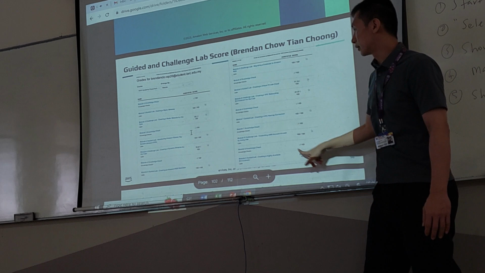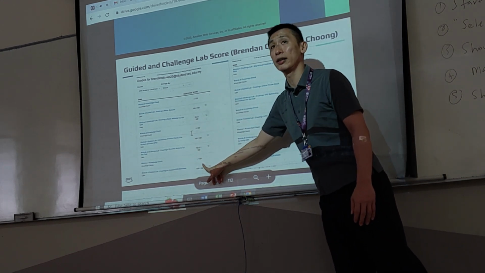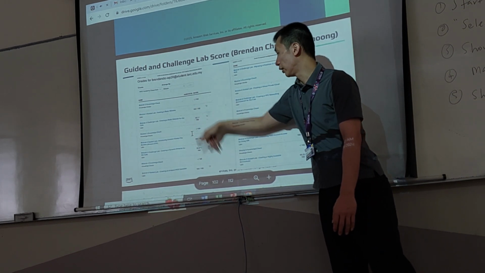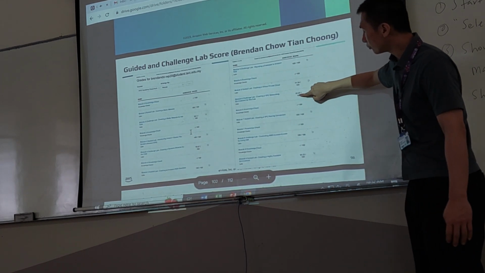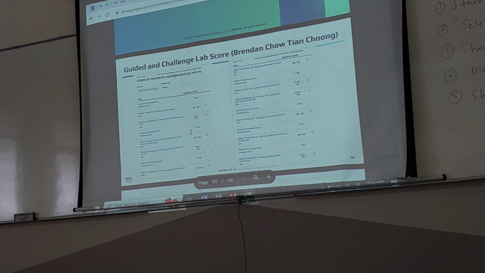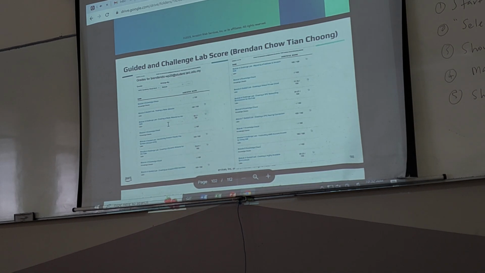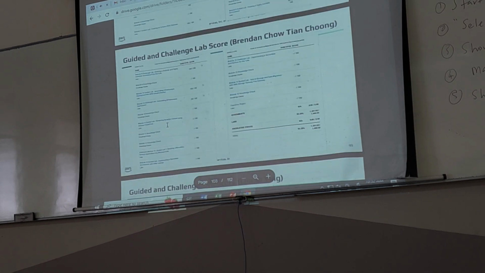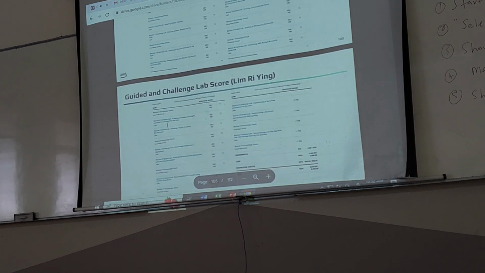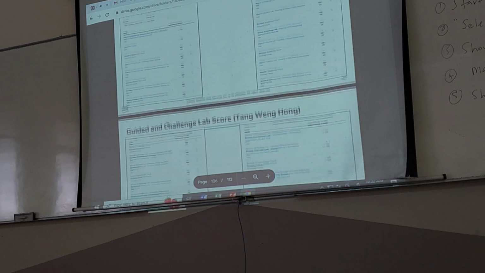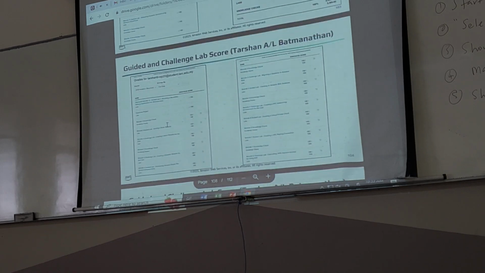So it will show all the marks that you have done for the guided lab and challenge lab. If you did not do it, then no marks. If you done, then got marks. So this is individual. All the students must have this PDF form to prove that they have done the exercise.